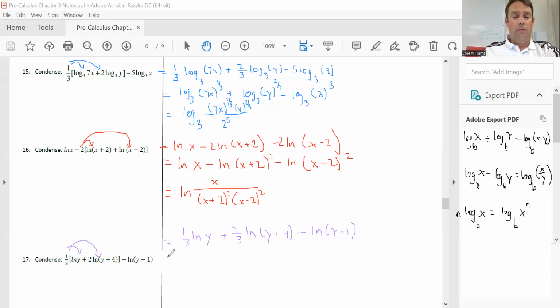And again, every number in front of a natural log becomes an exponent when we're condensing. So this is natural log of y to the 1/3 plus natural log of y plus 4 to the 2/3 minus natural log of y minus 1.